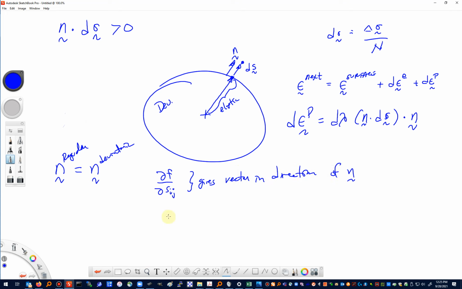If we want to turn that into a unit normal, we need to divide it by its magnitude. So the components of a unit normal nij would be the partial of f with respect to sij, divided by its magnitude, which is the square root of this thing dotted with itself.